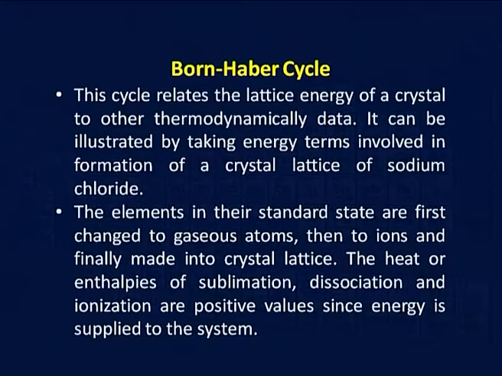So, there is the enthalpy of sublimation. Then in the case of chlorine, first we take the chlorine molecule, then we take the heat of dissociation of the chlorine molecule into atoms. Then the gaseous sodium atom and the chlorine atom change into ions. The sodium atom has to lose an electron, and in losing the electron we have to supply energy equal to its ionization energy.